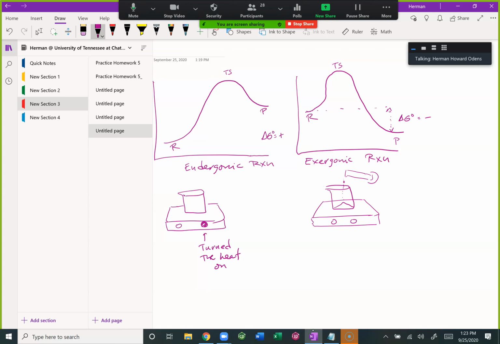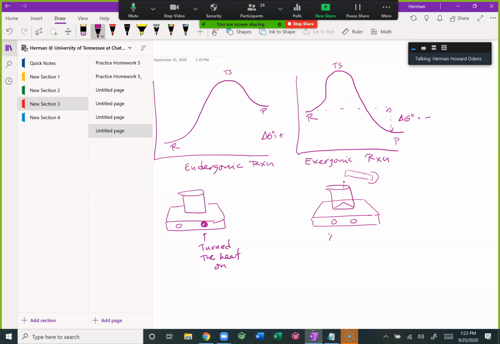This reaction will be exergonic because the sodium hydroxide, upon contact with the water, will release its own heat.